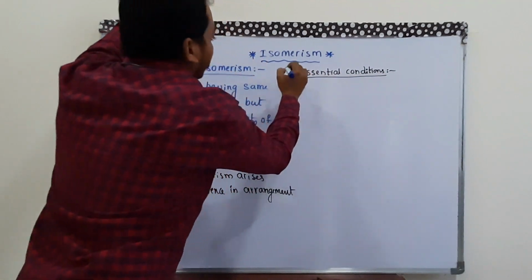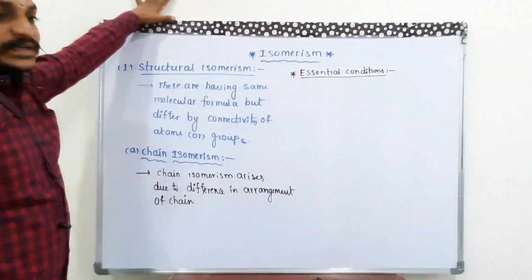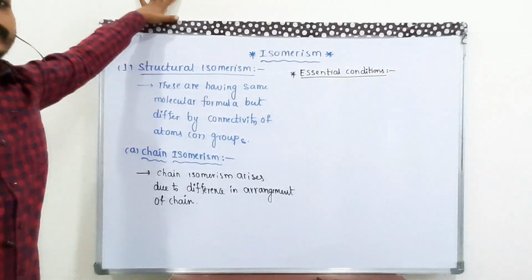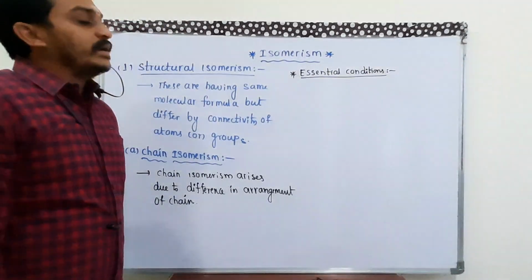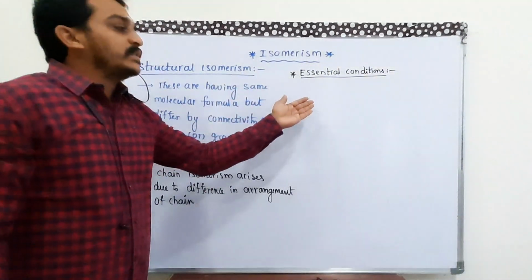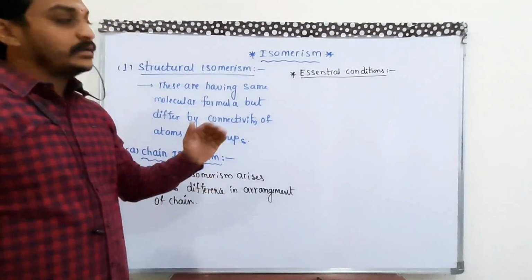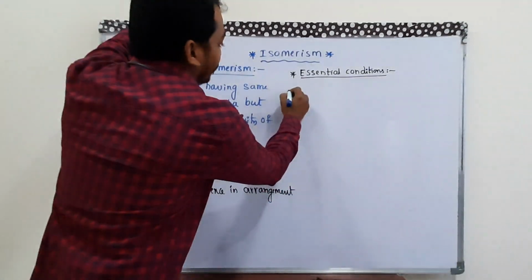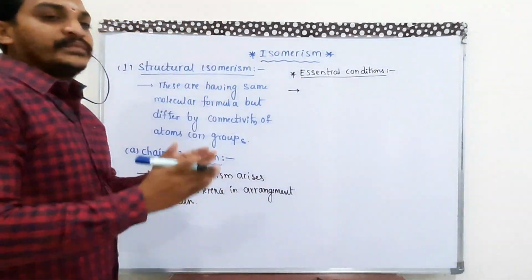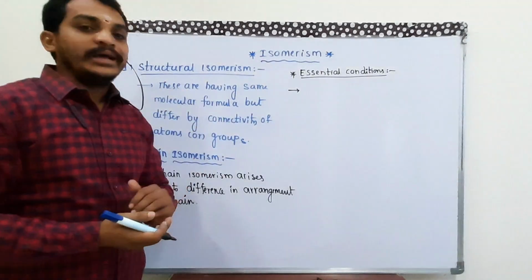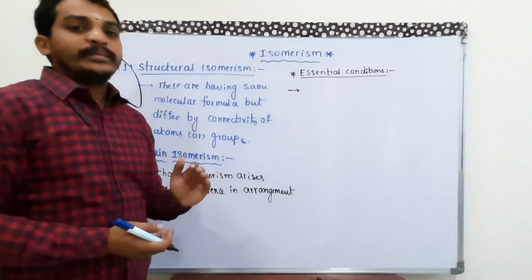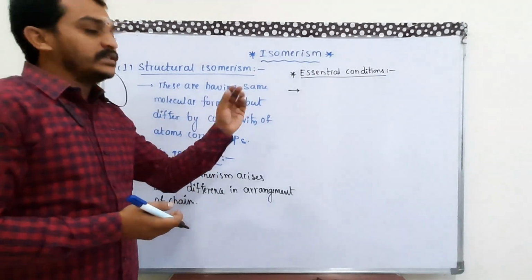Essential conditions for the chain isomerism: the nature of the functional group and the locants must remain the same. There is no change in that. That is the first condition.